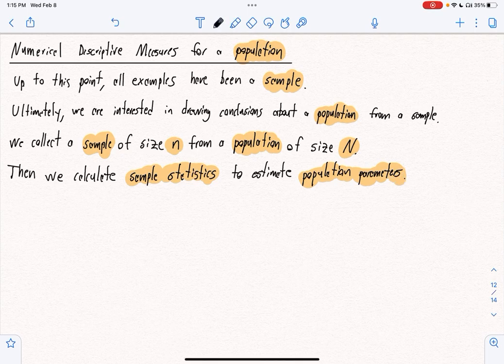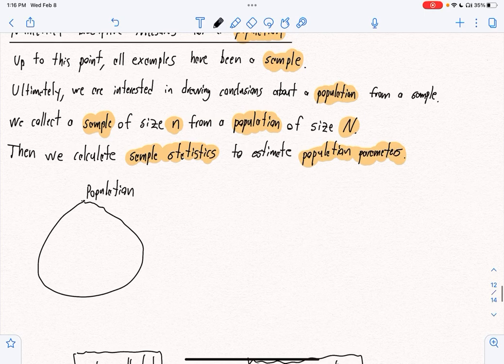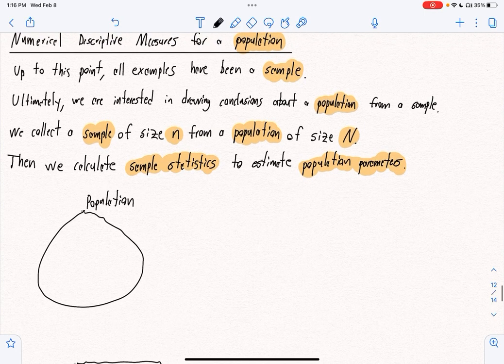So we're interested in a population, so I'm going to represent it with a circle. Population. But I can't generally sample the entire population. It's just not possible. So what I do is I go in and I collect a sample. So I grab a subset of the population and I call that my sample.